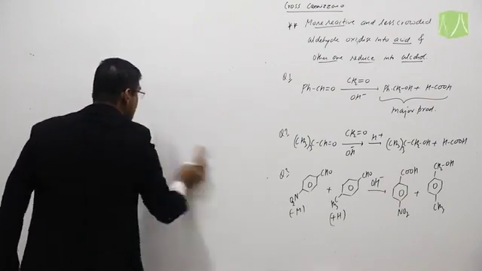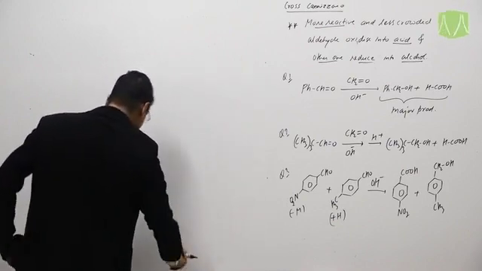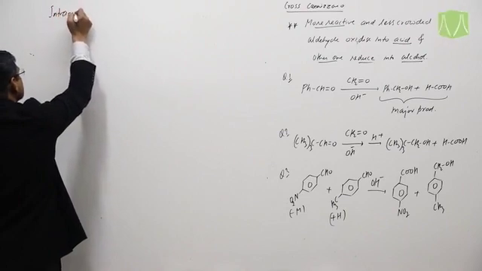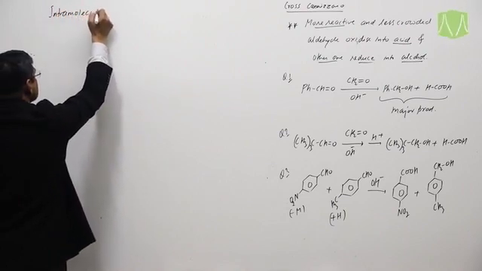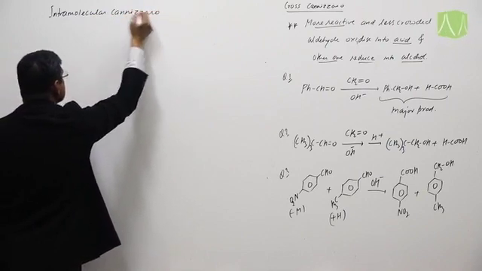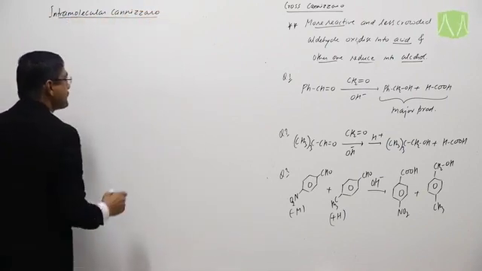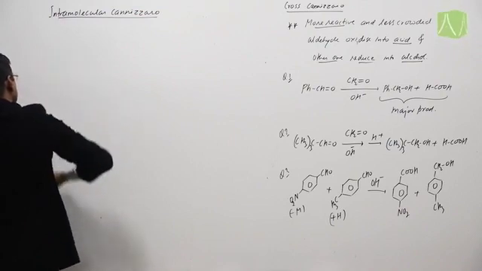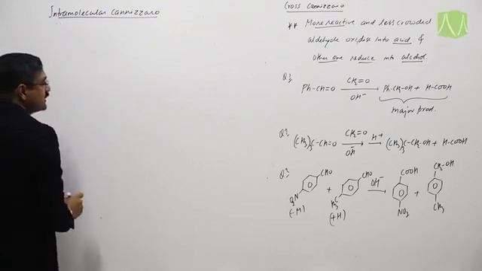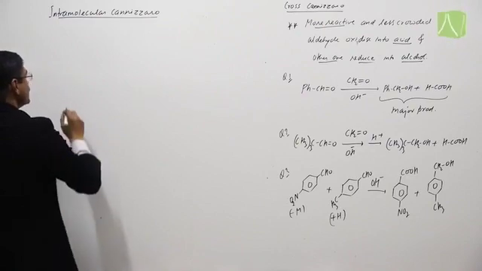Now come to the intramolecular Cannizzaro reaction. Again the same concept is used here: the more reactive is oxidized and the less reactive is reduced.